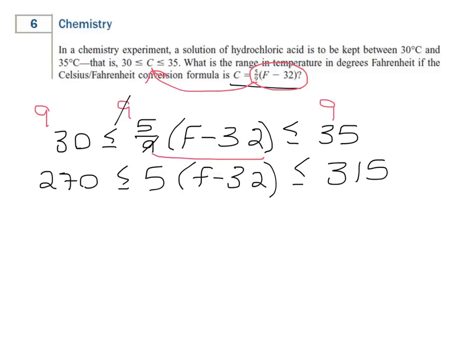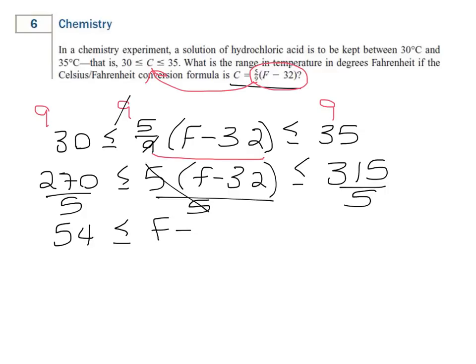315. Now, I can distribute the 5 through, or let's just get rid of it. Divide by 5. So we've got 270 divided by 5, which is 54, is less than or equal to, these cancel, F minus 32, less than or equal to 315 divided by 5, which is 63.